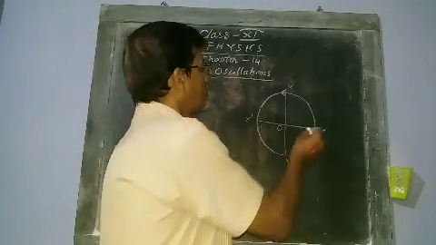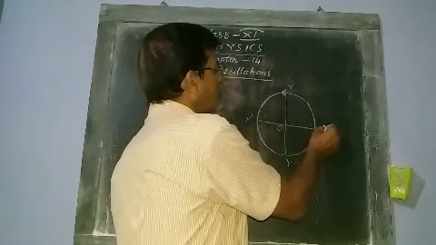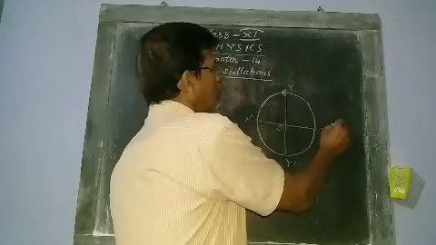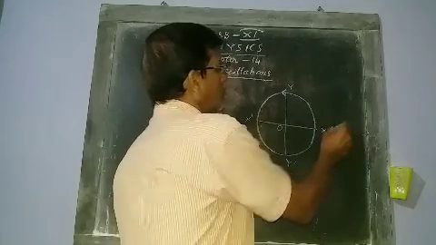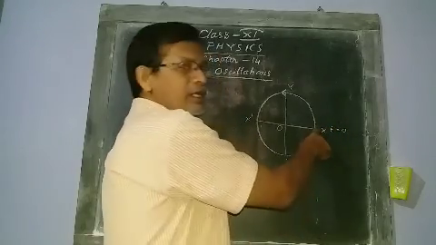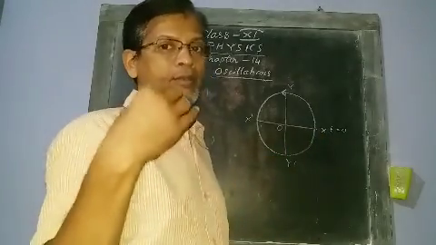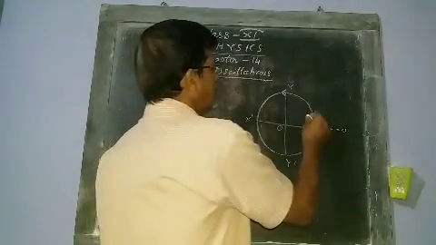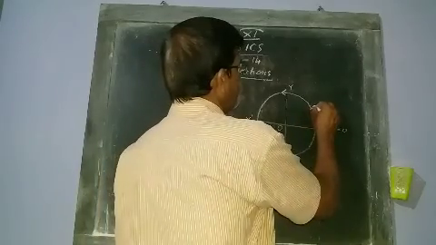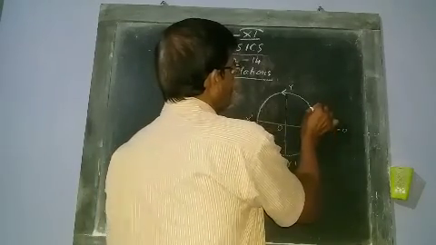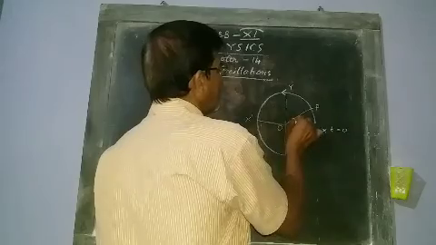So say from t equal to 0, that means from this position, time is measured. After time t, the particle is suppose here, so it makes an angle.